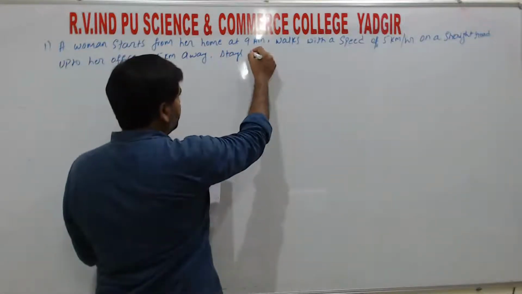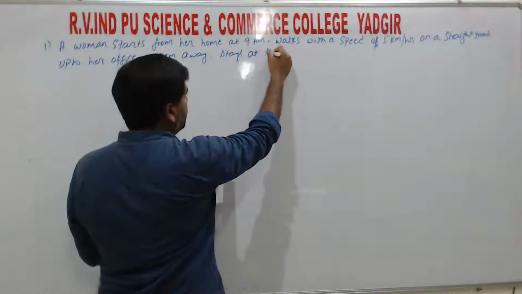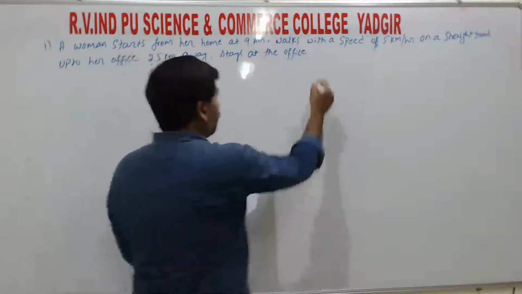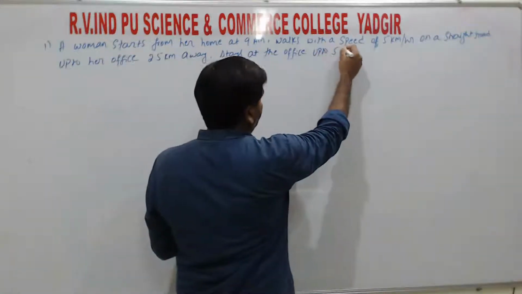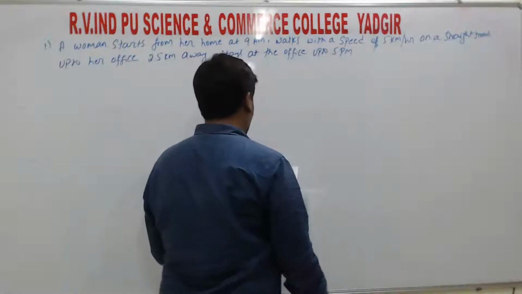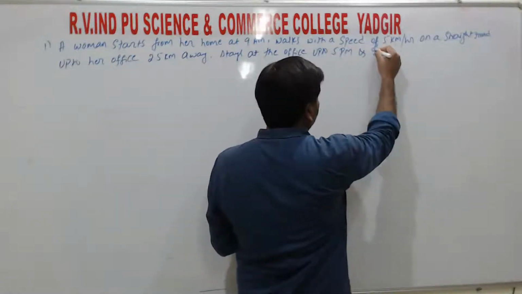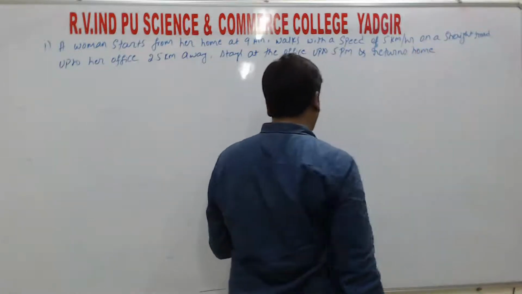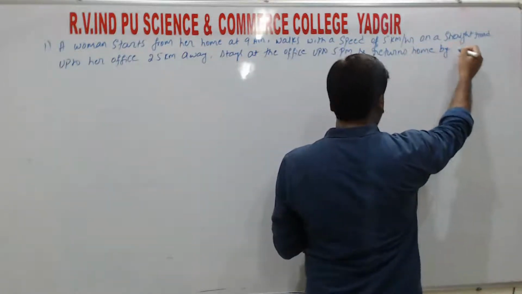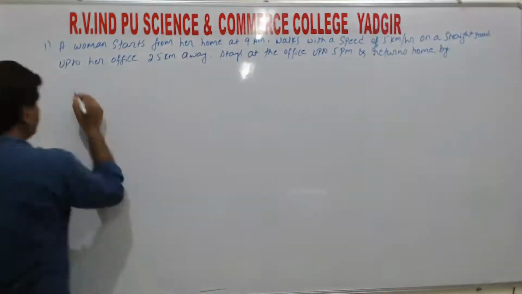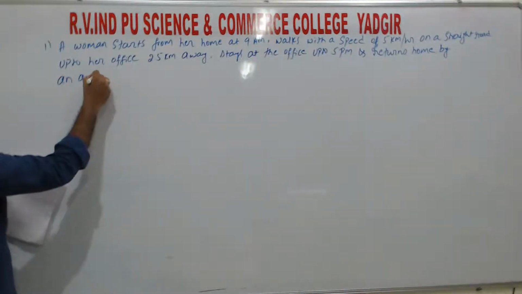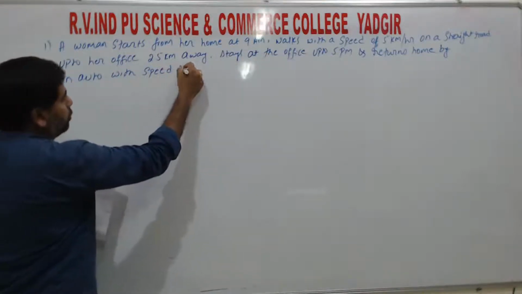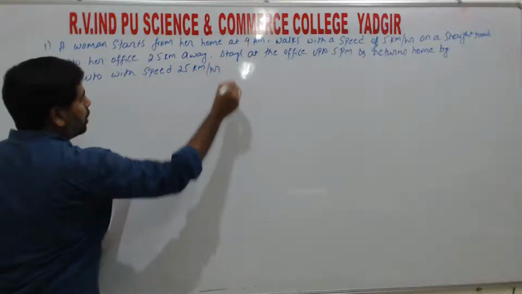stays at the office up to 5 p.m. and returns home by an auto with speed 25 kilometers per hour.